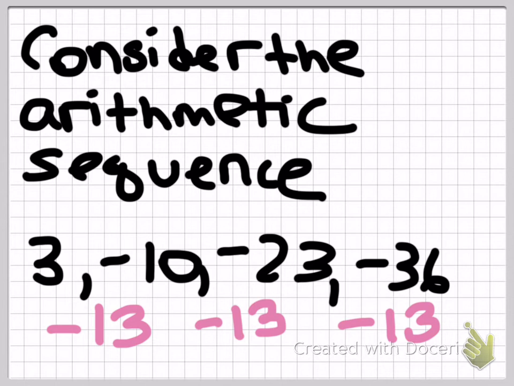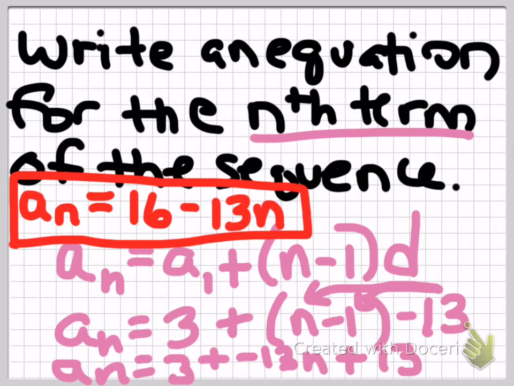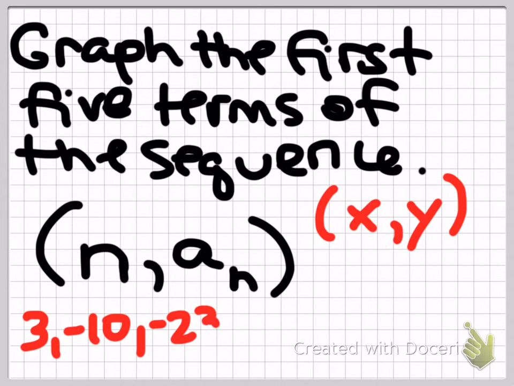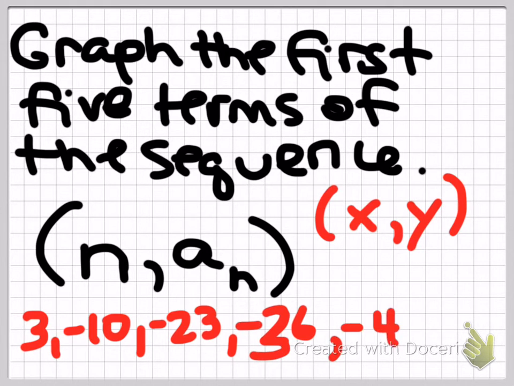Our terms are 3, negative 10, negative 23, negative 36. Now we could do negative 49. So that's the first 5 terms.